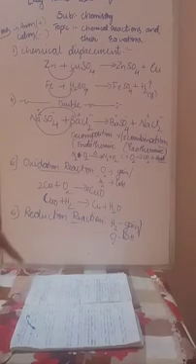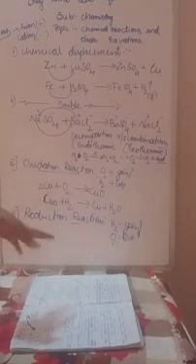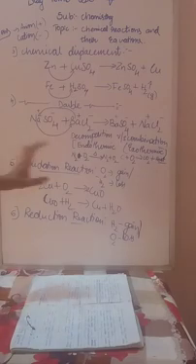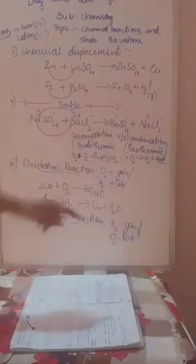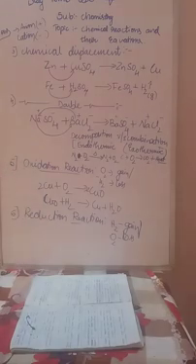Or in other words, the reaction in which loss of hydrogen takes place is called oxidation, and the reaction in which gain of hydrogen takes place is called reduction. You can write it like that also, but keep in mind which is gain and which is loss, to identify which is oxidation and which is reduction. Most probably they will ask you in an MCQ.